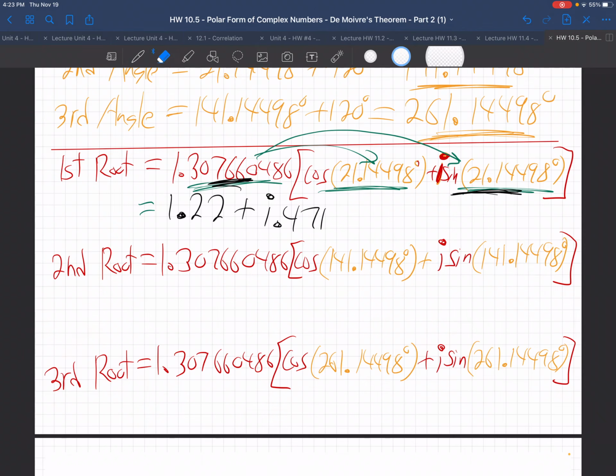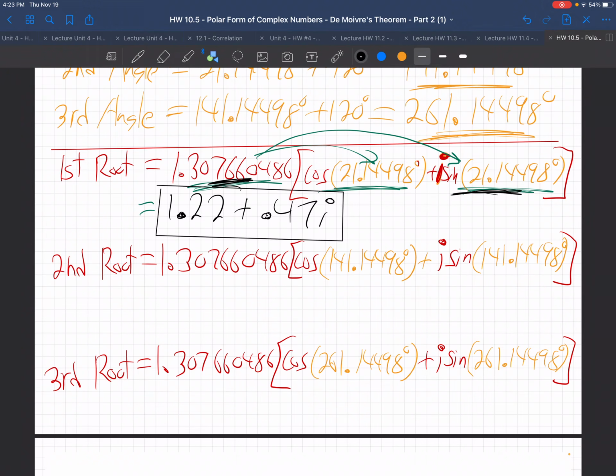That's as far as we need to go. Usually we put the I in the back, 0.47I. So there's my first actual answer.